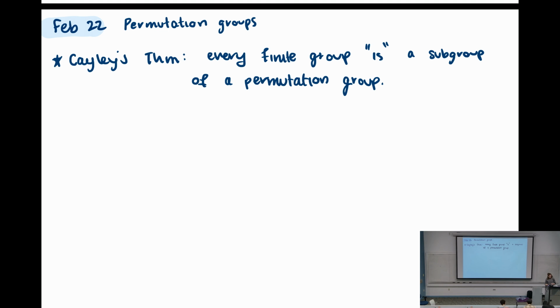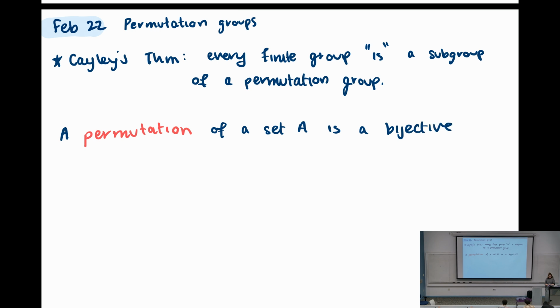Okay, so just as a reminder, a permutation of a set A is a bijective function from A to A. And bijective just means that it's injective and surjective.